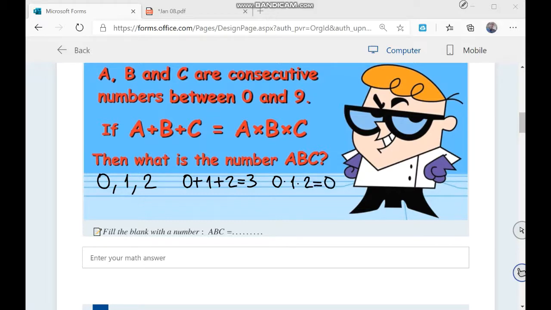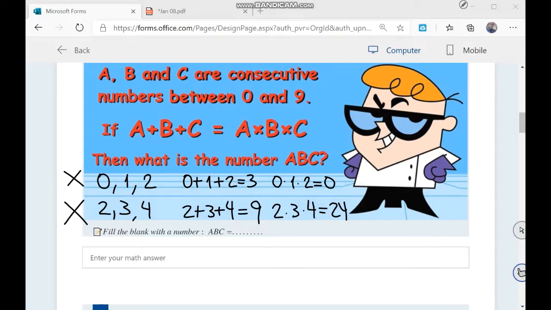So this is not the answer. Let's try another sequence, 2, 3, and 4. 2 plus 3 plus 4 equals 9, and 2 times 3 times 4 equals 6 times 4, 24. So still no. We can see that this number grows too much apart from this one. We need smaller numbers, right, to make this result closer to that.